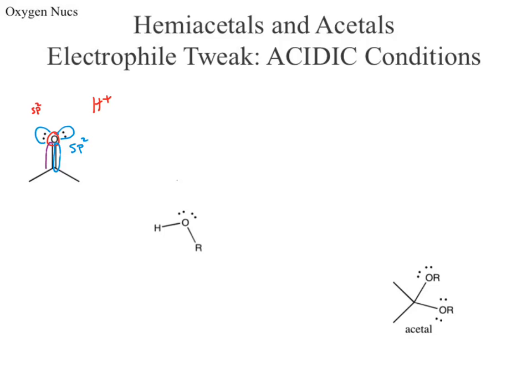Where are the electrons from our pi bond? They're held in just p orbitals. What is the difference between a p orbital and an sp2 hybrid orbital? Why is the p orbital higher energy? Why is it further from the nucleus?